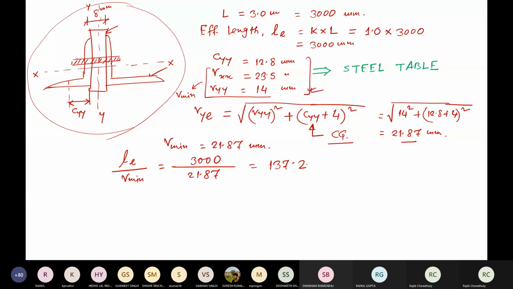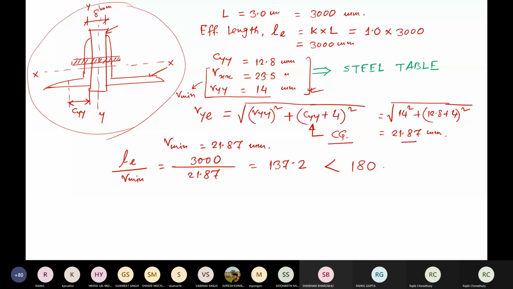which is 137.2. This should be less than 180, because there is another table. I think in the lecture slide also, I have provided a table in which you have different scenarios and different slenderness ratio requirements. So this is the limiting slenderness ratio in the general case.